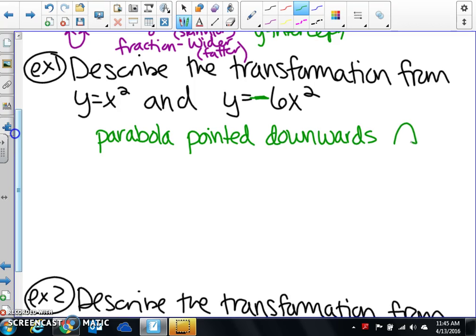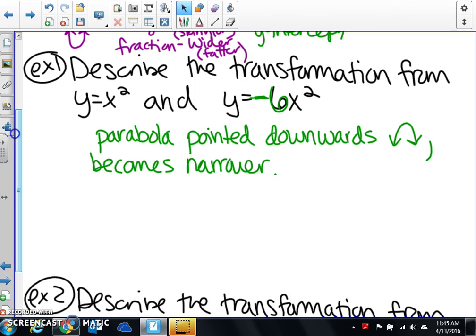And we can even draw the little sad face. Now, we also have to take care of the 6. So if it's an integer, it's going to become narrower. So you would say becomes narrower. And that's really as specific as I need you to get. I don't need you to say by a scale factor of 6 or anything like that. Just go ahead and say it becomes narrower.